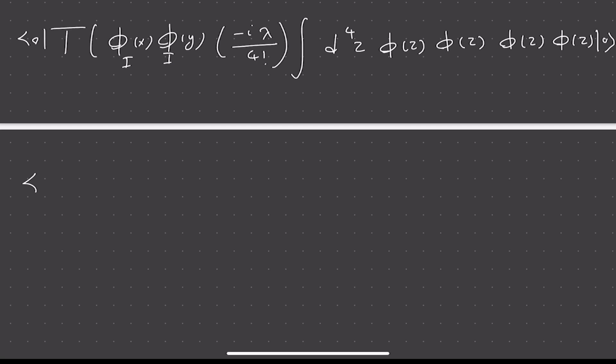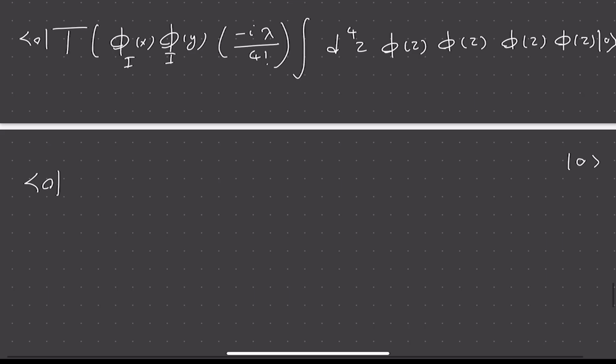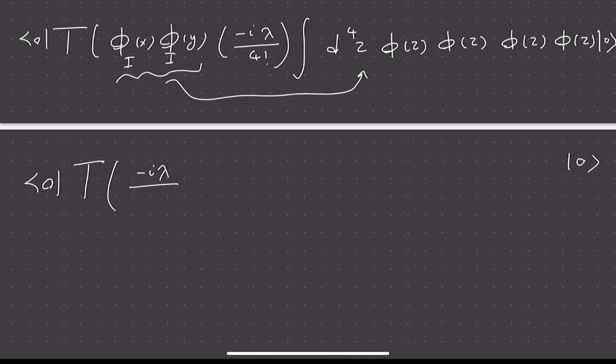Now I'm going to rewrite it like this. So time ordering is in its place, and I'm going to take these two inside of this integral, okay? Because x and y are different variables. So I'm going to have minus I lambda over 4 factorial. This can come out in general because this is just a coefficient. And then I'm going to have an integral.